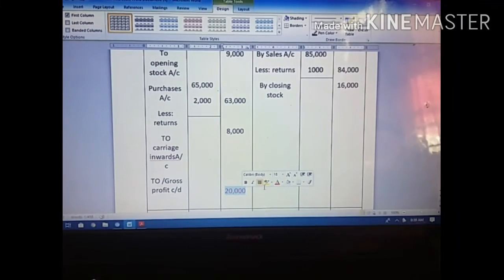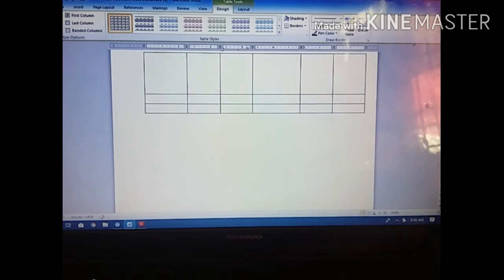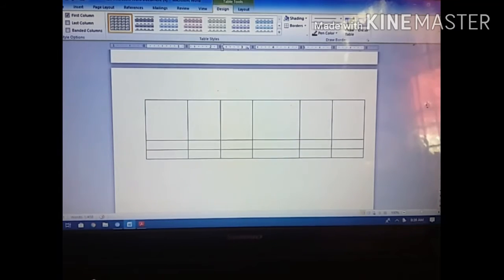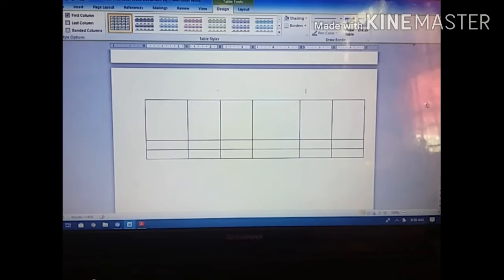Next we have to transfer this 20,000 into the P&L. For P&L I have to transfer this amount. So the gross profit you have to transfer on the credit side.